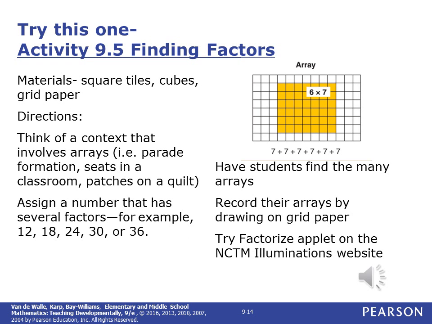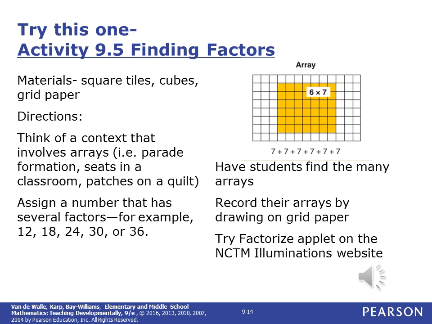Take a moment and pause this PowerPoint presentation and complete activity 9.5 on page 184 of your e-text. I think this is a nice, easy example of an active learning activity, a contextualized active learning activity, where students can become very familiar with factors and also with composite and prime numbers.